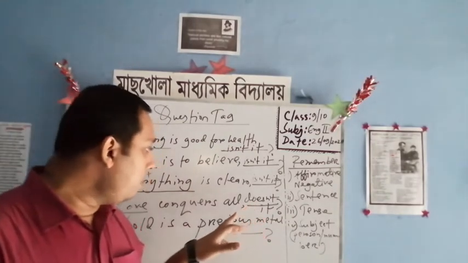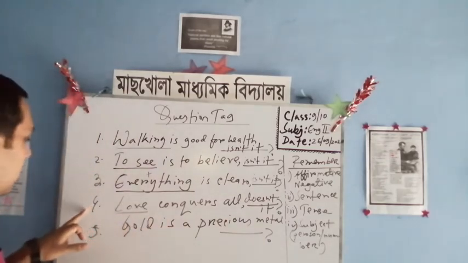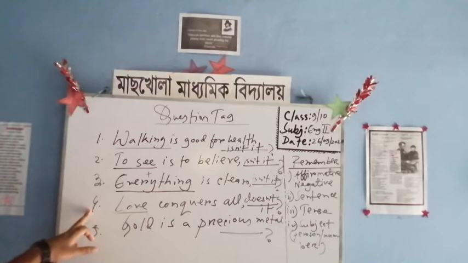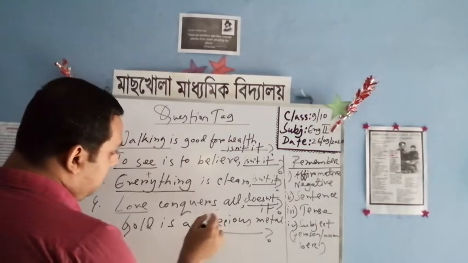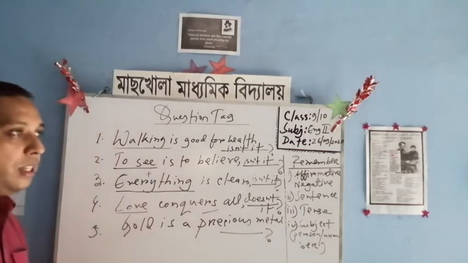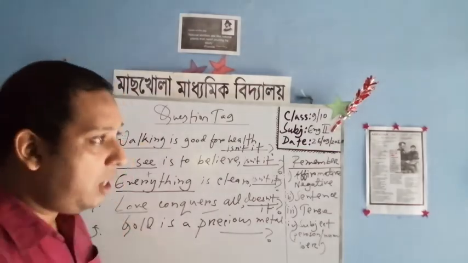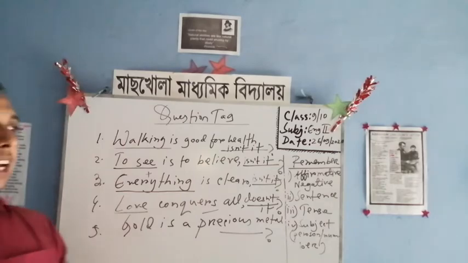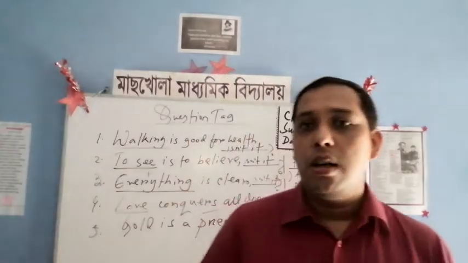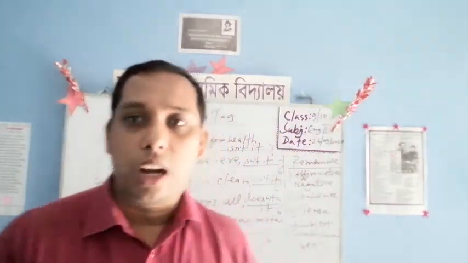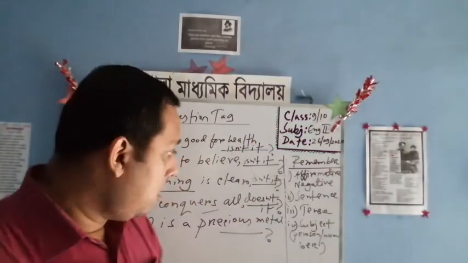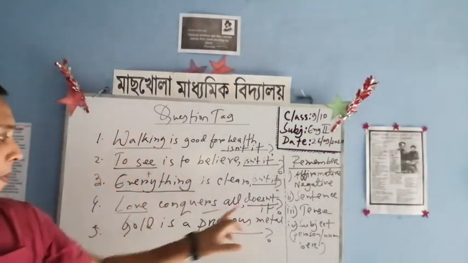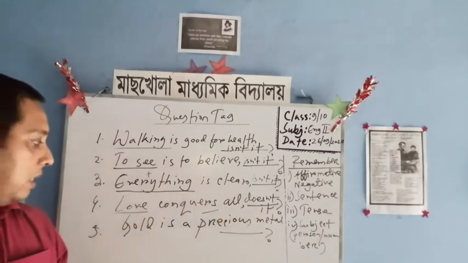Where did the does come from? Because this sentence is present indefinite tense. If we look at the verb, it ends with s or es, so we can easily identify present indefinite tense. When making it negative, we use do not or does not, and if the subject is third person singular, we use does. So love conquers all, doesn't it?